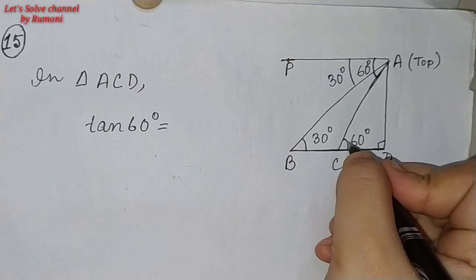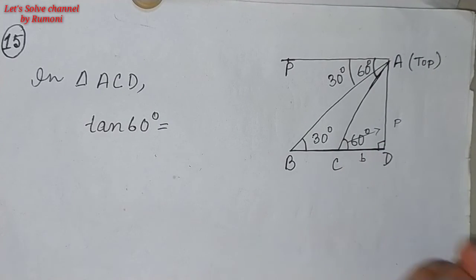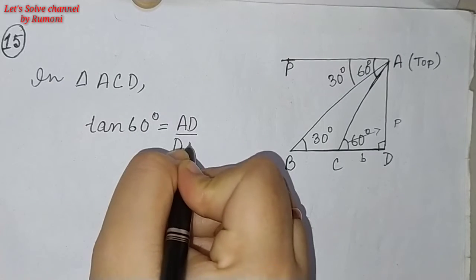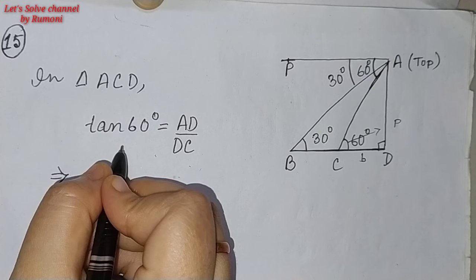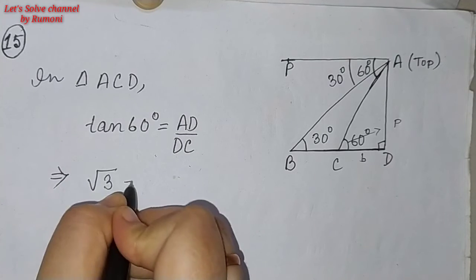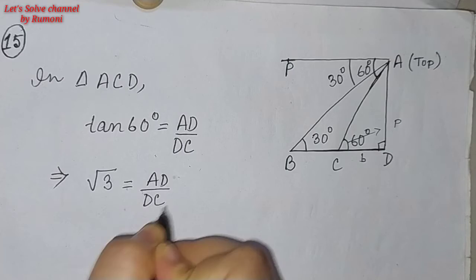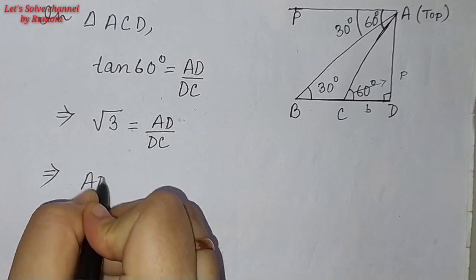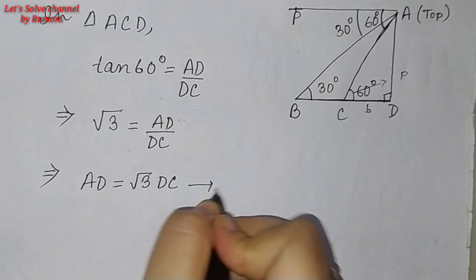Perpendicular by base. So the side just opposite to this angle will be perpendicular and this one will be base. So AD divided by DC. So after that, we know the value of tan 60 as root over 3 equal to AD divided by DC, and after that this one you can write it as AD equal to root over 3 into DC. Give it as number 1.